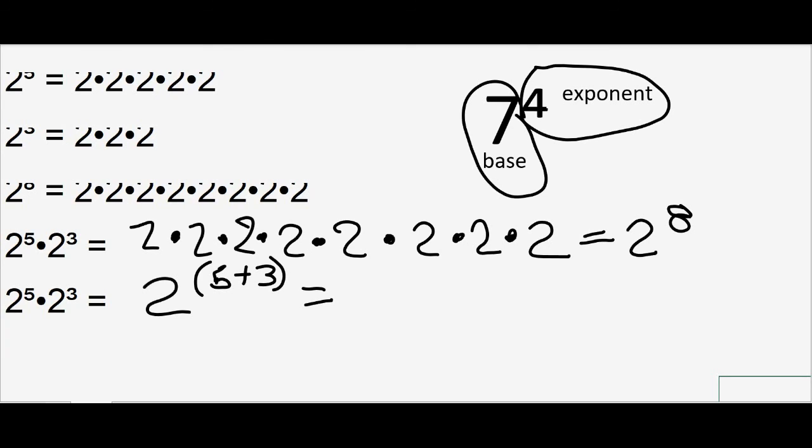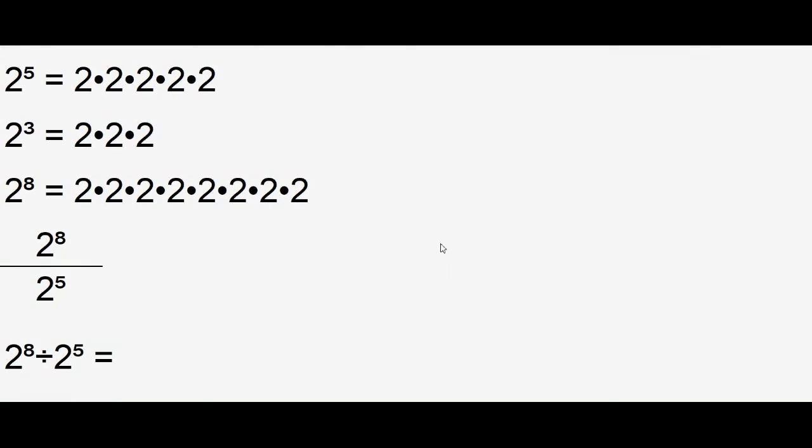So I got that 8 by doing 5 and 3 more, or 5 plus 3. So 2 to the 5th power times 2 to the 3rd power is 2 to the 5 plus 3 power, or 8th power. So in this case, I can add my exponents.